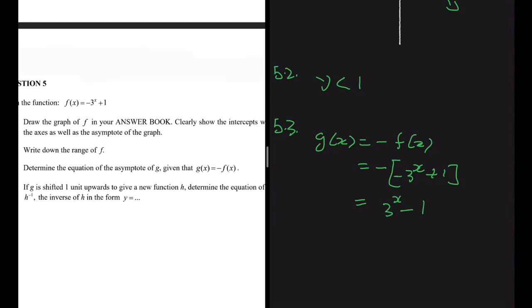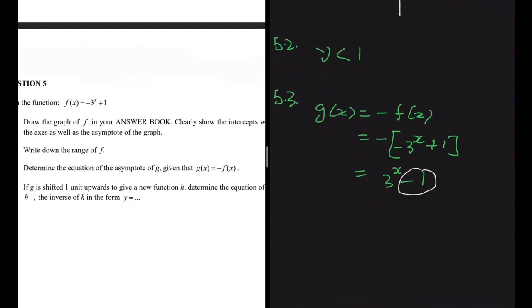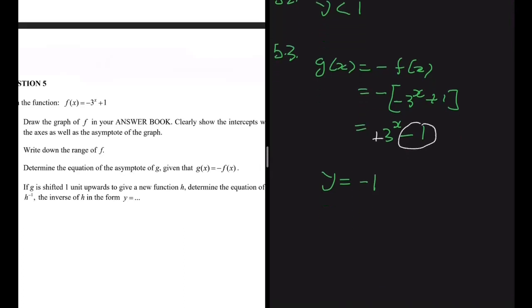I've already said that this term here is our asymptote. So for 5.3, the asymptote of g will be y equals minus 1. And just a side note, because we have a plus here and not a minus, we would expect our graph to be above the asymptote, right?